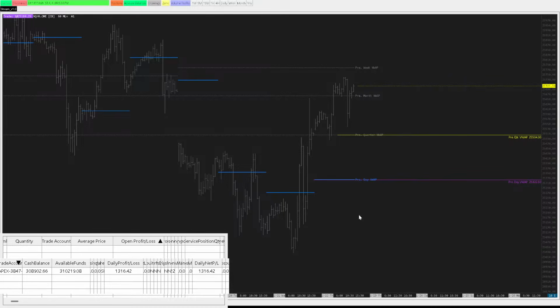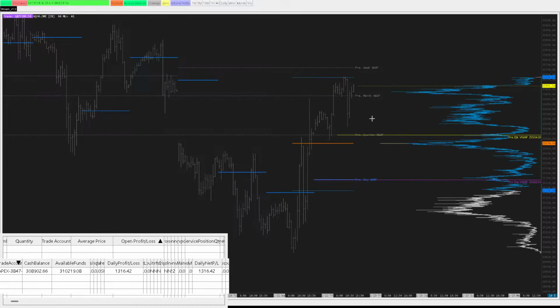How far have we sold off? How far have we bought? I look at that first, divergence second, and third, any other little confluence available. That could be previous day's VWAP, a quarterly VWAP, a point of control, or something on a TPO chart.